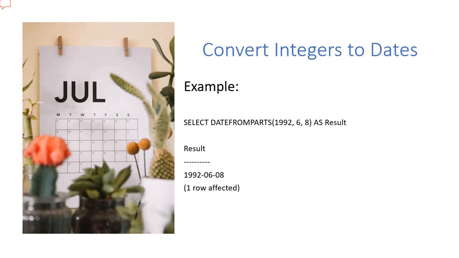So we could use this DATEFROMPARTS function to convert those integers into a formal date or DateTime date. So here's my example. I'm not taking this from a table yet, but I'm converting this 1992, 6, and 8 into a date using this DATEFROMPARTS. When I run it, you'll see that I indeed have a date.